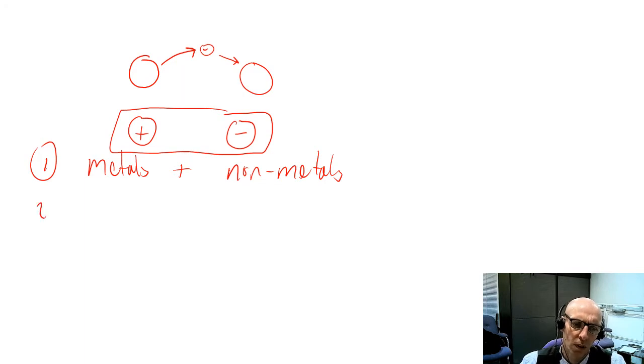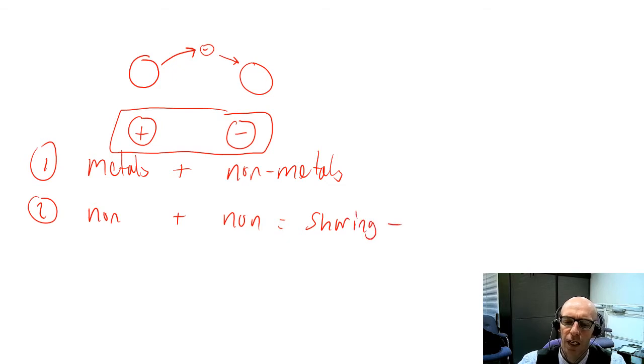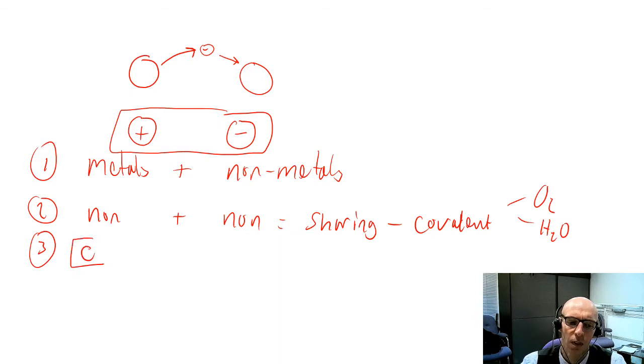Then we moved on to the fact that what if you have a non-metal and a non-metal and they both want to gain? And we did this idea that they can do sharing, and we call that covalent bonding. And it forms simple molecules like O2, H2O, liquids or gases. And then we went a bit further, saying that some non-metals, and the one we studied in detail is carbon, some non-metals actually do giant covalent bonding.